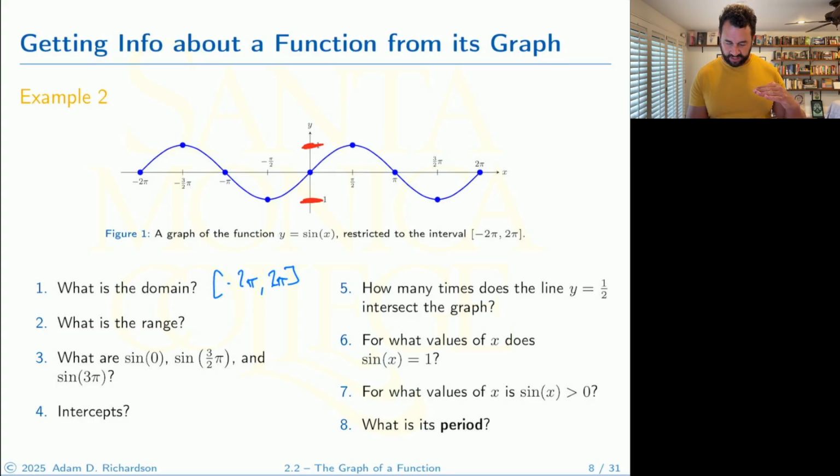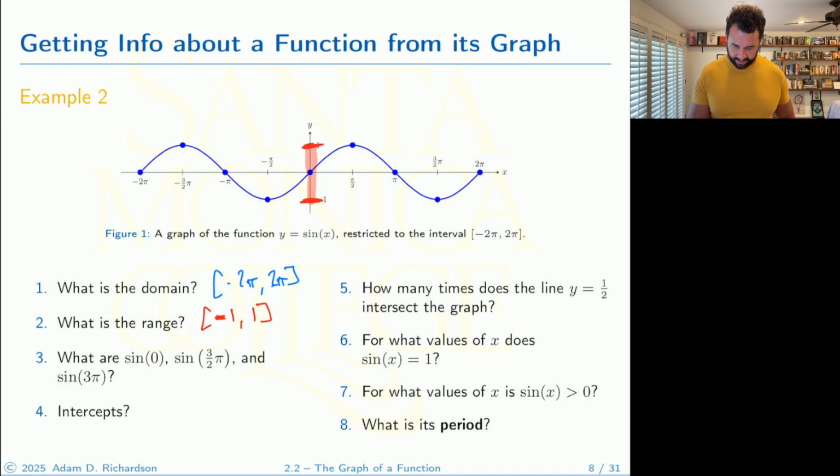But it reaches everything in between. There are no holes in the range or anything. So here the range is going to be negative 1 to 1, inclusive, right? It's including those endpoints. So here we've got a domain of negative 2 pi to 2 pi, inclusive, and a range of negative 1 to 1, inclusive. And we were able to tell this just by looking at the graph.